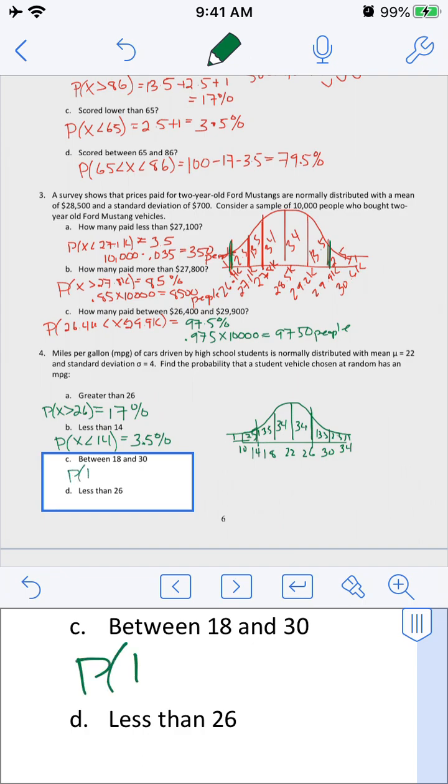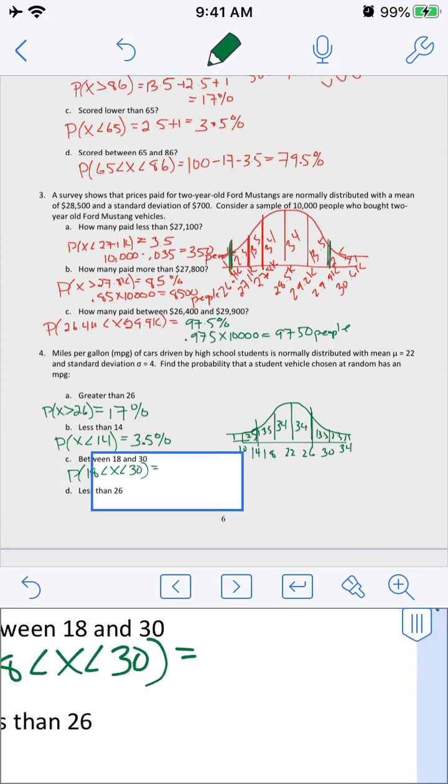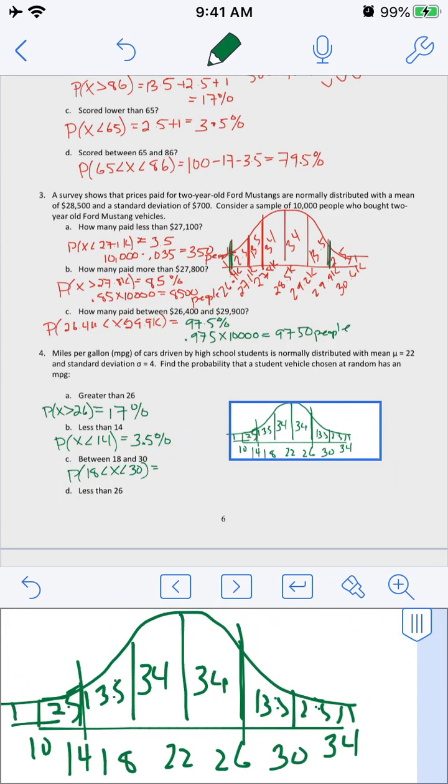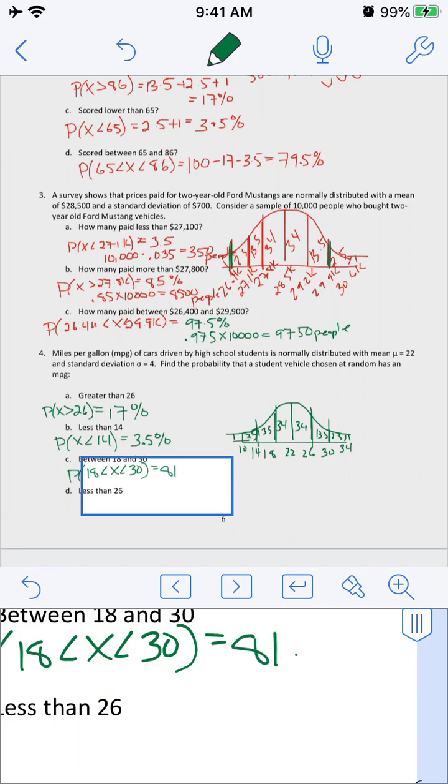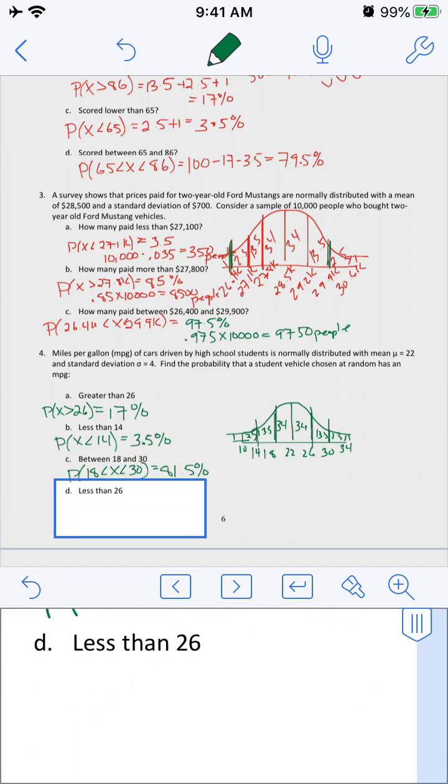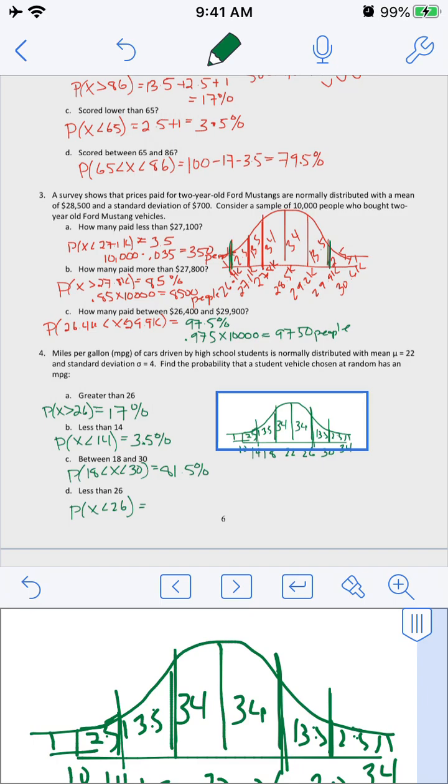Anyway, so then between 18 and 30, that would be right here to there. That'd be that 68% from the empirical rule plus the 13.5. We see 81.5. And then less than 26. Let's see, 26 is right here. That's a lot to add up, so you could go either way.